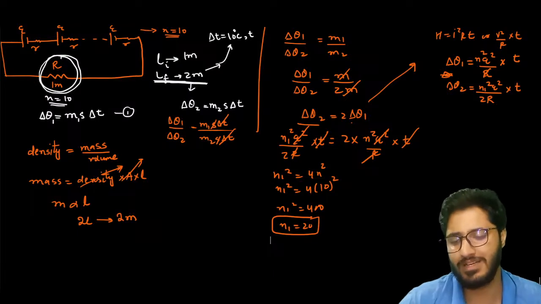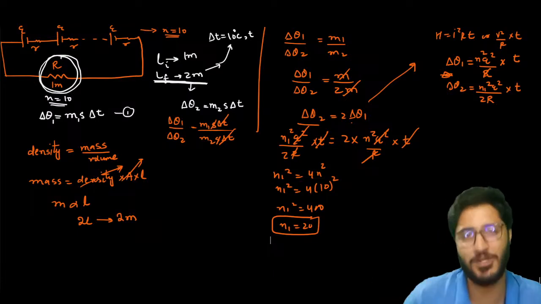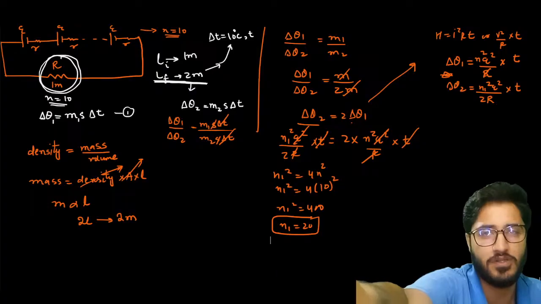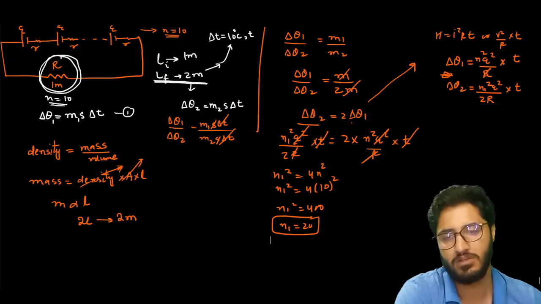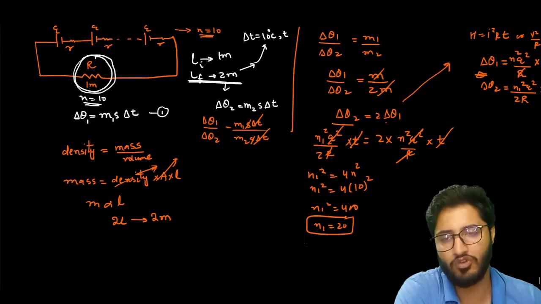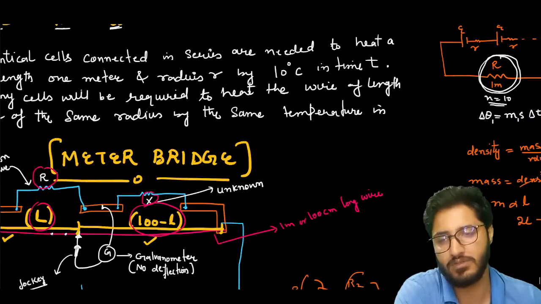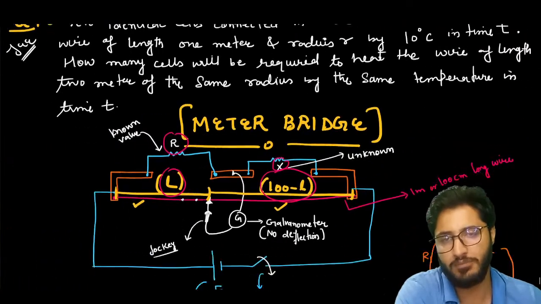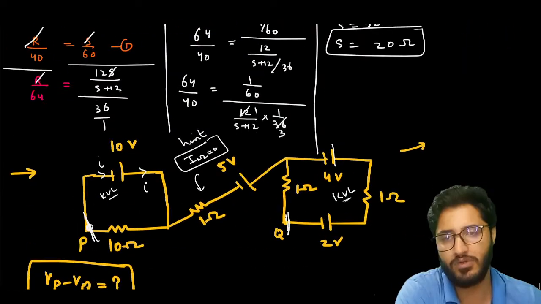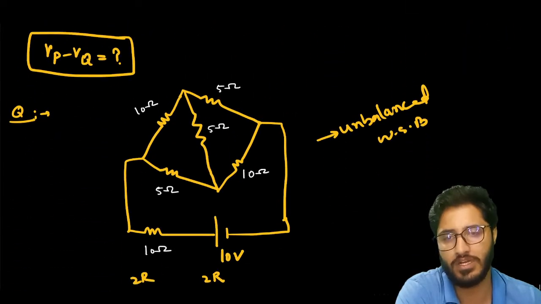You need to do some numericals, no? That means hardcore numericals. You have to do some hardcore numericals from your studies, okay? So that you will get some sort of confidence on how to manipulate your numericals. Then we started meter bridge, and after that I have given you these two, right?